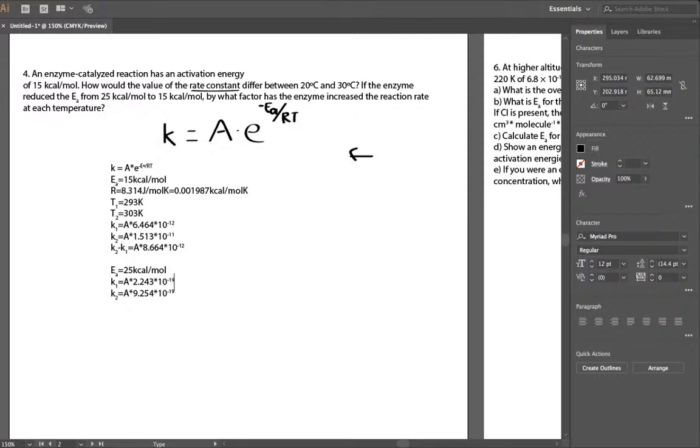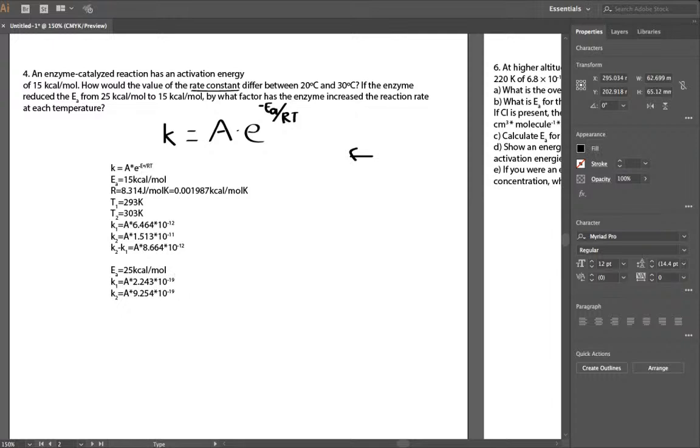So we just need to try to find a factor. By what factor has the enzyme increased the reaction rate at each temperature? By what factor means the ratio.